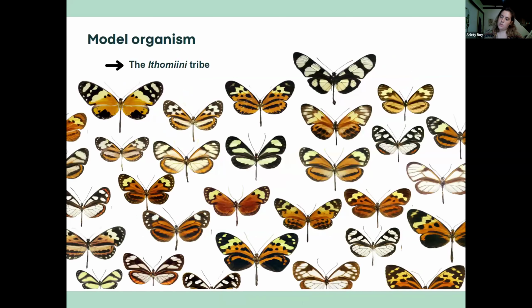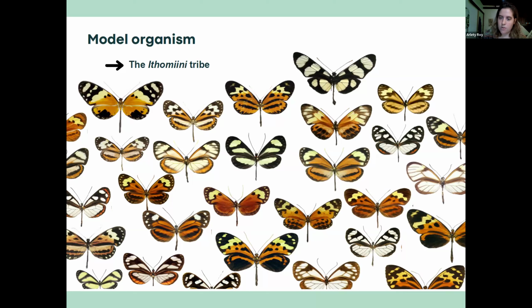To answer this question, we chose to work on the butterflies of the Ithomiini tribe. This is a highly diverse group of butterflies with approximately 400 species. And as you can see, most of them display a bright color pattern, and they all are considered chemically defended.